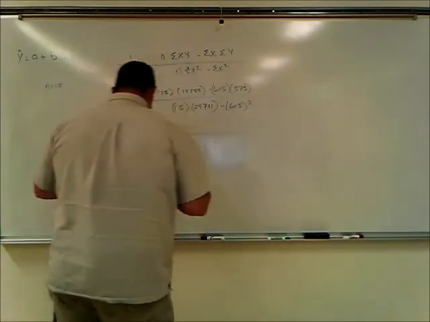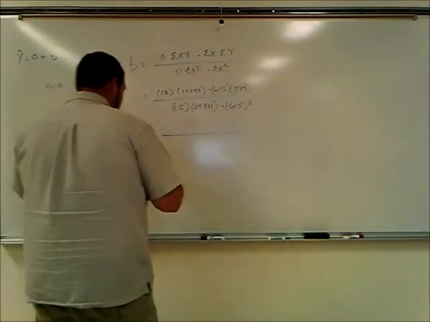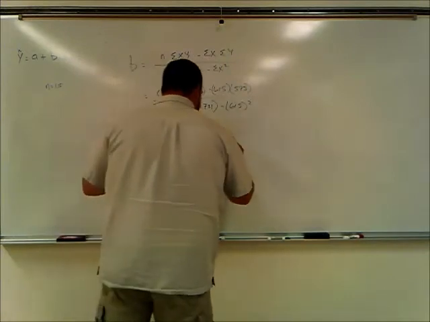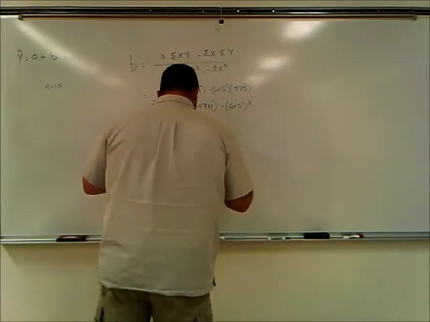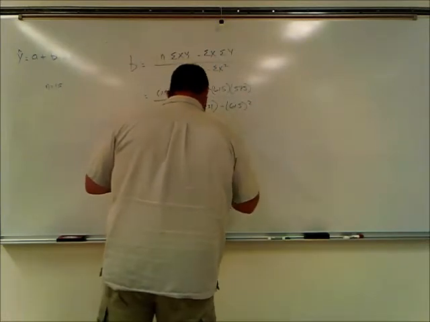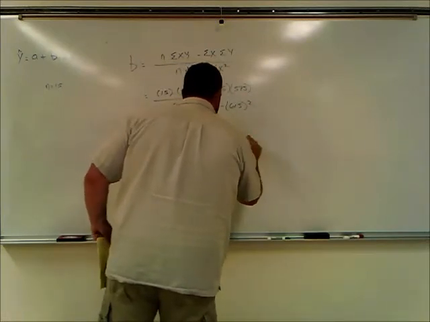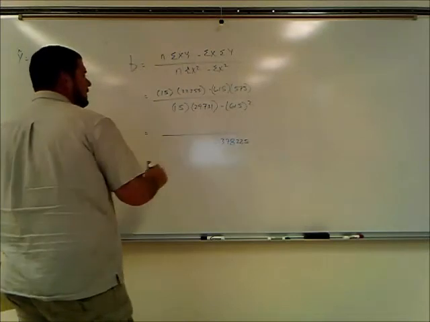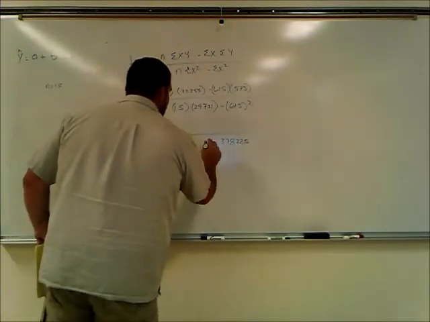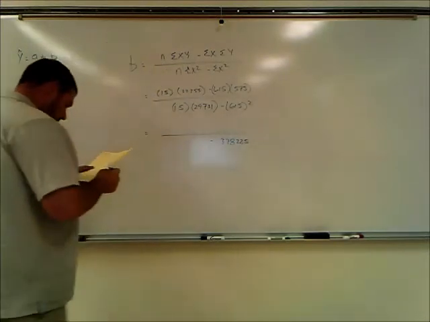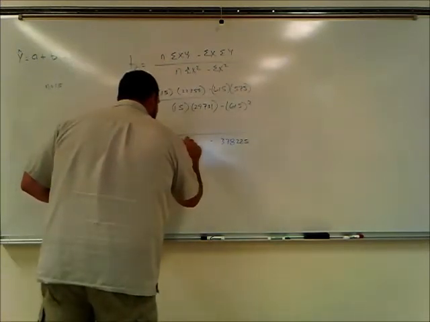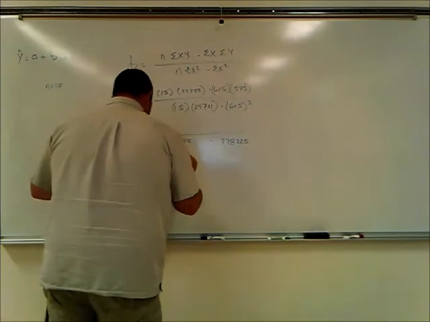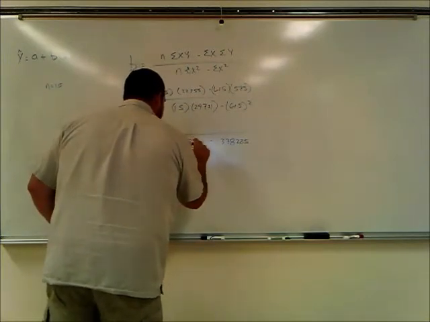So 615 squared gives us 378,225. If we take 15 times 29,731, we get a score of 445,965.